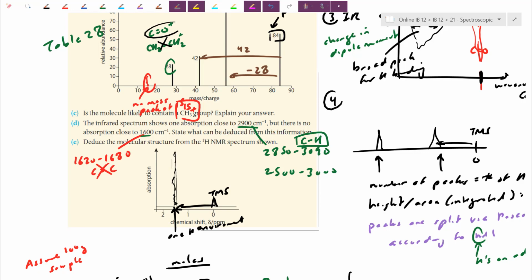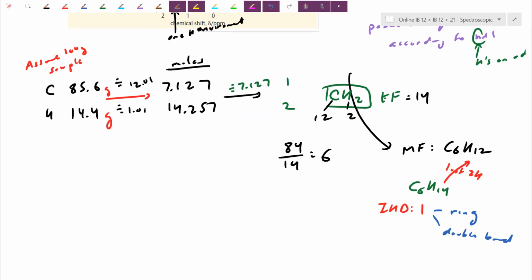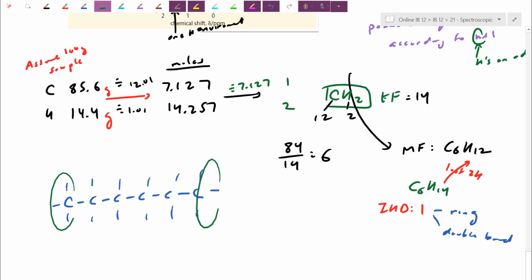If I were to draw any molecule, I have right now here C6H12, right? Let's say we have 6 carbons in a row, and I have hydrogens. I would at least already have 2 hydrogen environments. Some are a methyl group, some are just CH2, so that's probably not happening here. If I have a double bond, I even get even more environments.